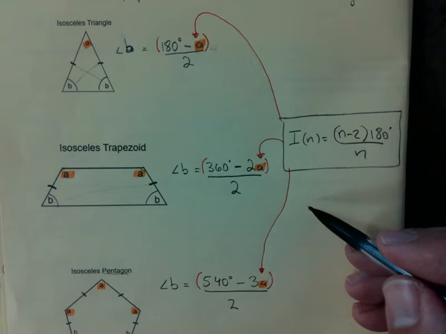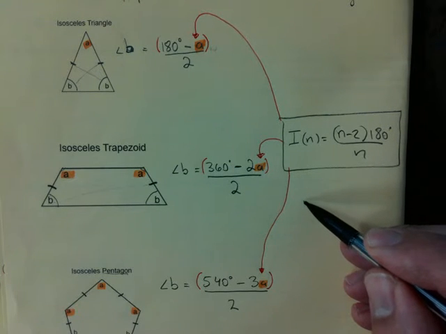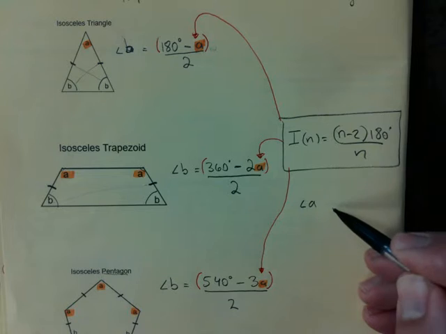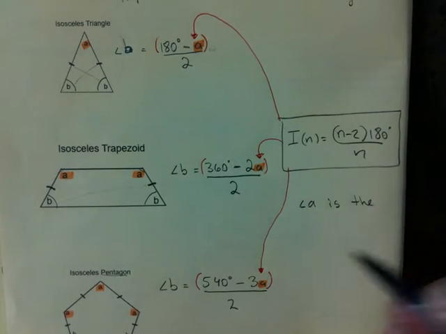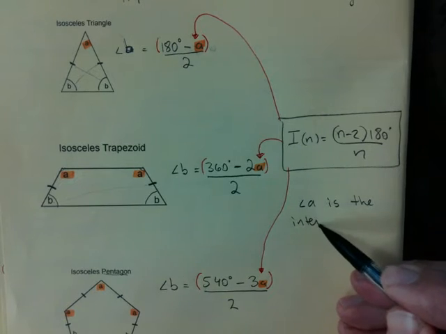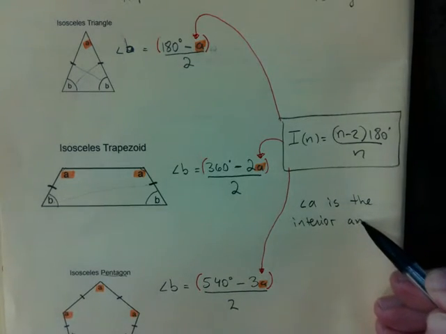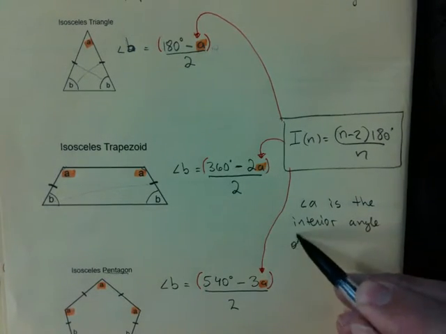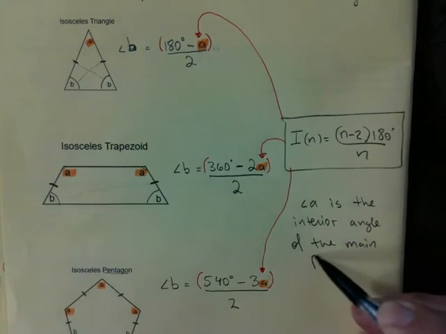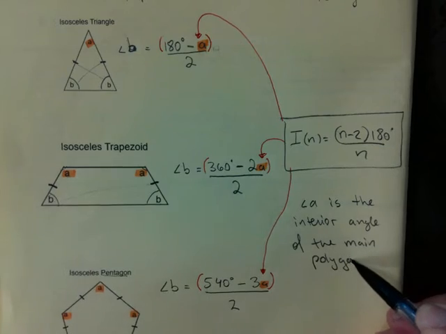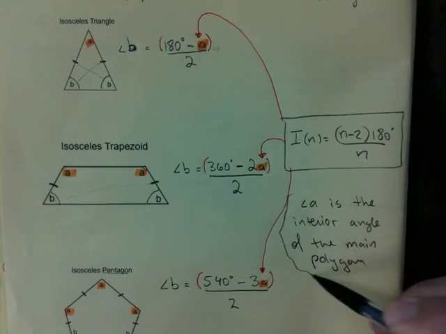So write this down here. Angle A is the interior angle of the main polygon. This is like a note here.